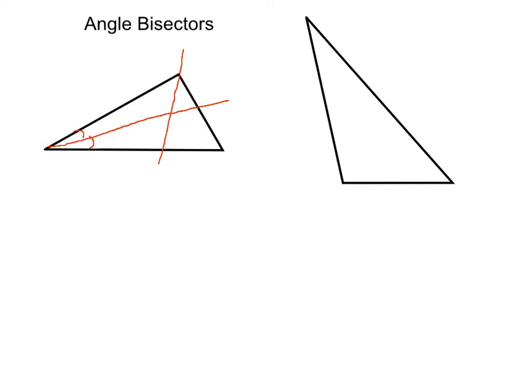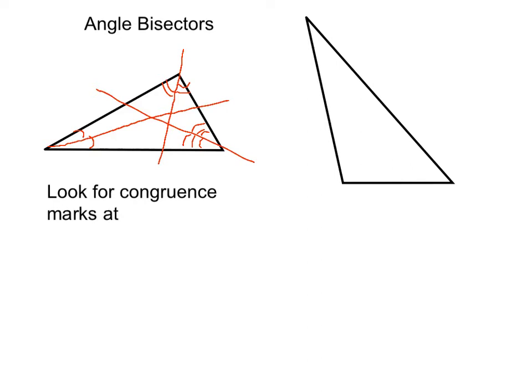My next angle, I've bisected it, two congruent pieces. My last angle, bisected, three congruent pieces. Now, obviously, those aren't very accurate. However, what's important is that you're looking for congruency marks at your angles. That is what you are looking for.